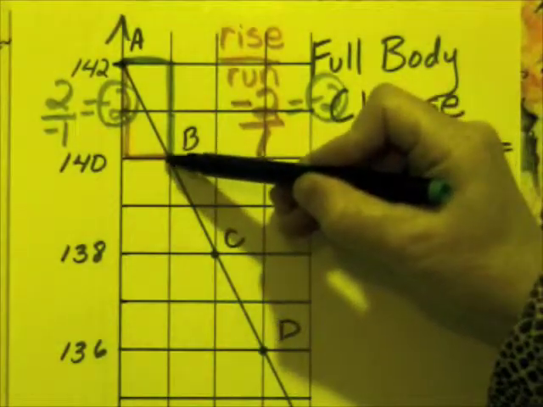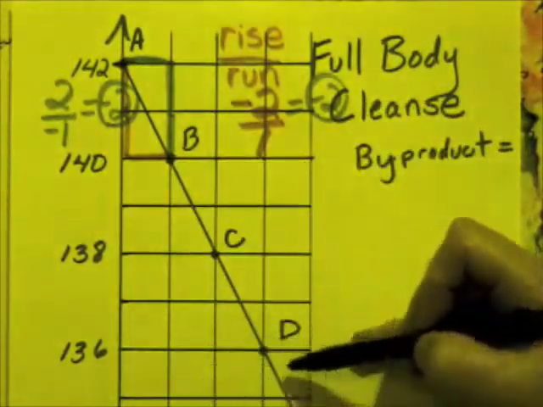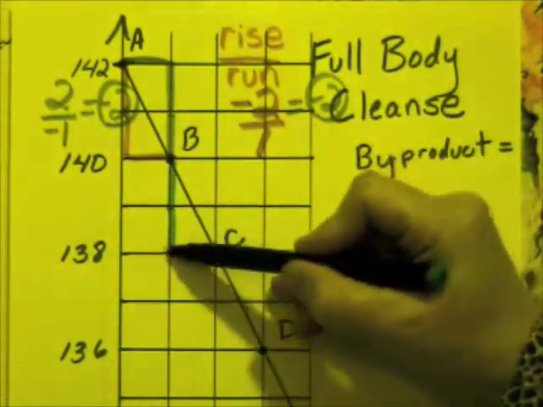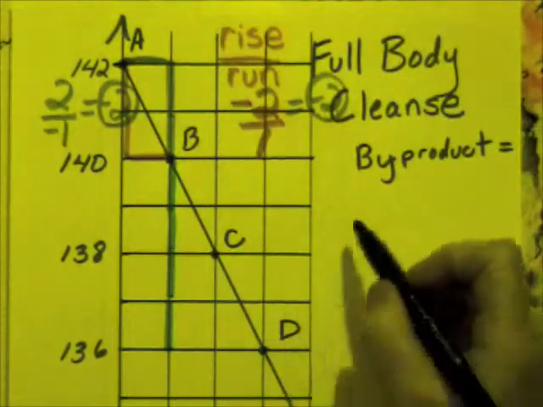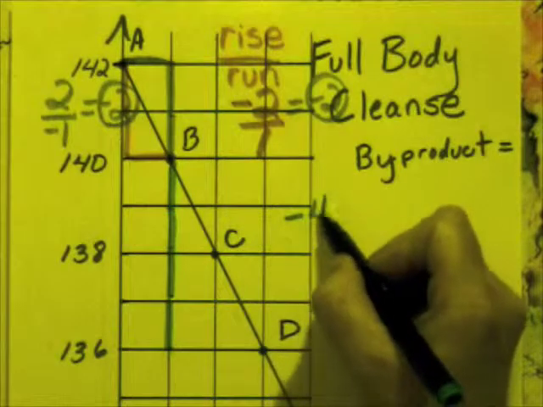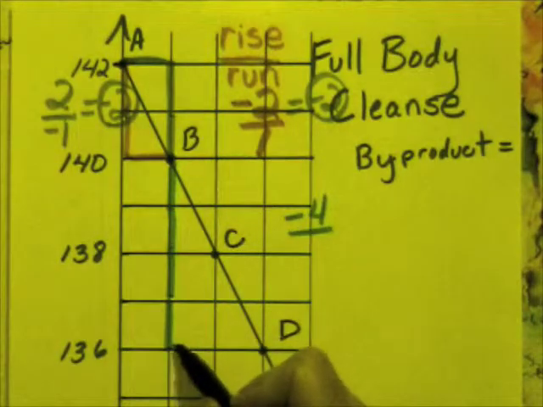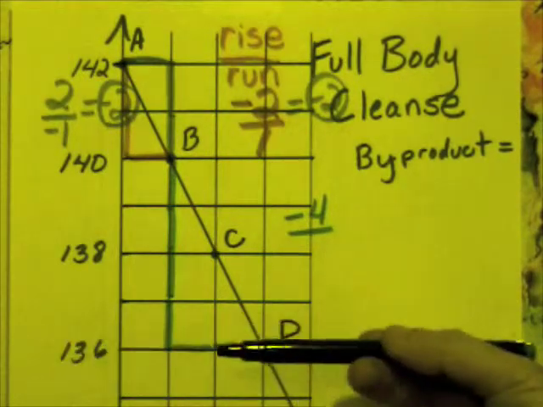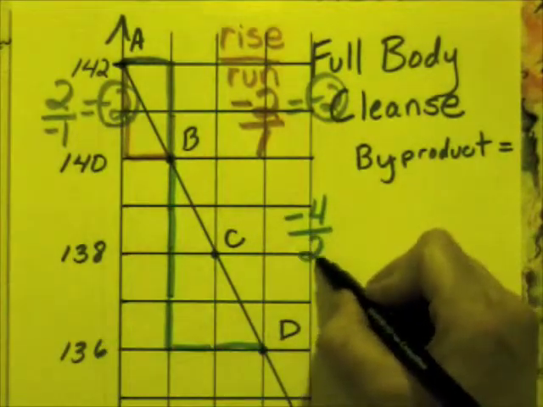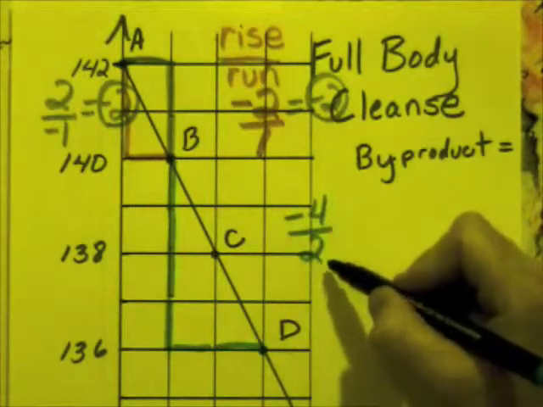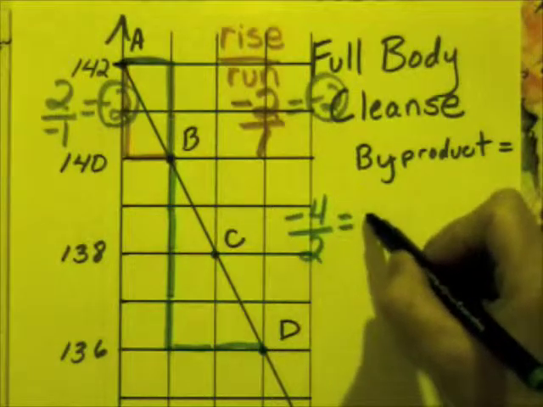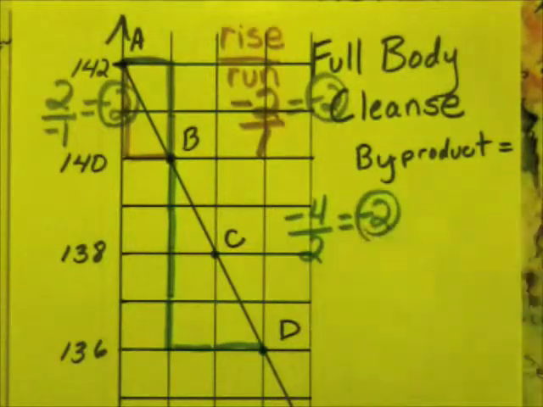If we start at B, we'll have to go down to get across from D. That will be 1, 2, 3, 4 blocks in the negative direction, so I will put -4 right there. And then 1, 2 blocks of run in the positive direction. As you can see, -4 divided by +2 does indeed, once again, reduce to -2.